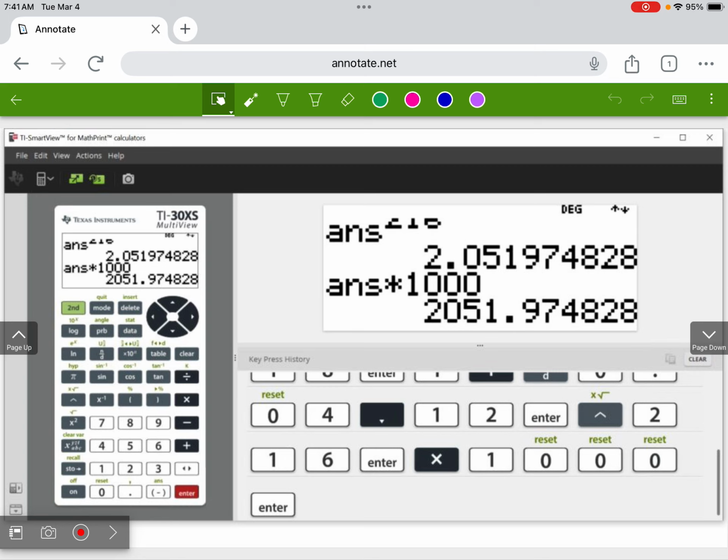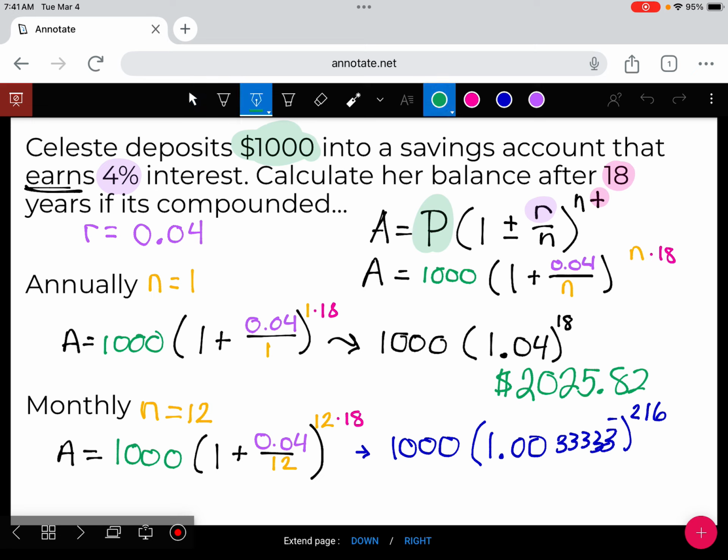So you can do it either way, typing it in to the calculator, and we should get the same answer, which is going to be that this time she would have $2,051.97.